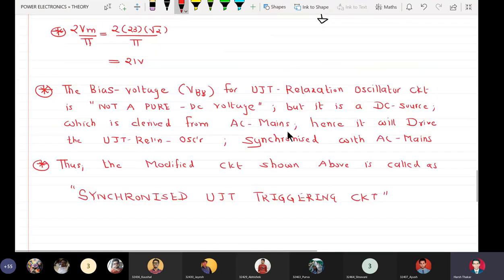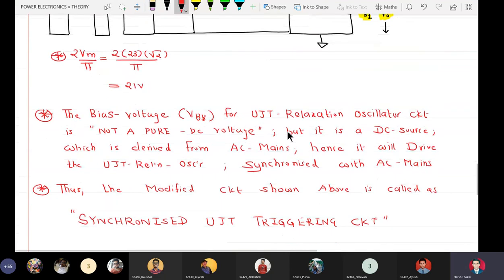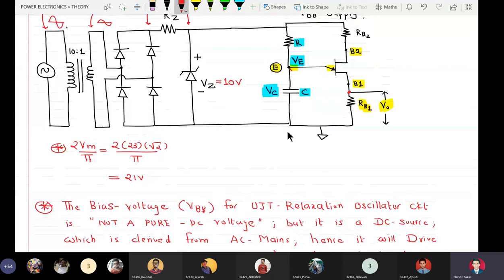So this is the exact circuit which is available in our lab, and I will show you this now.